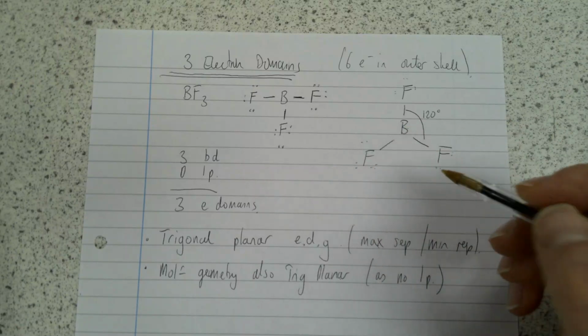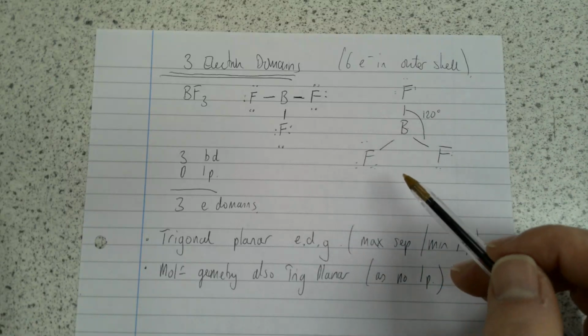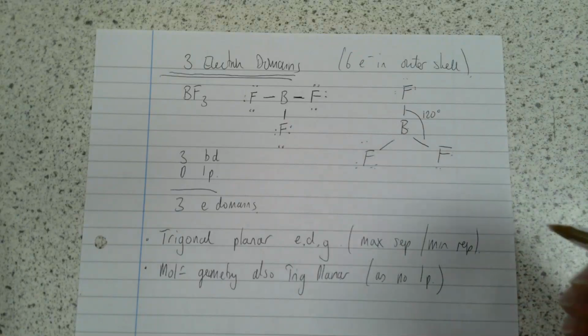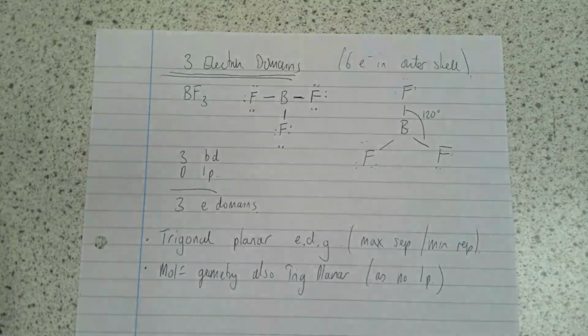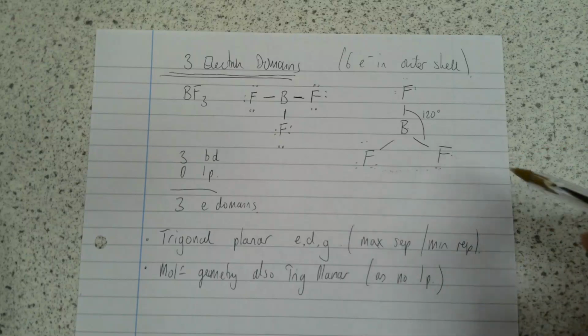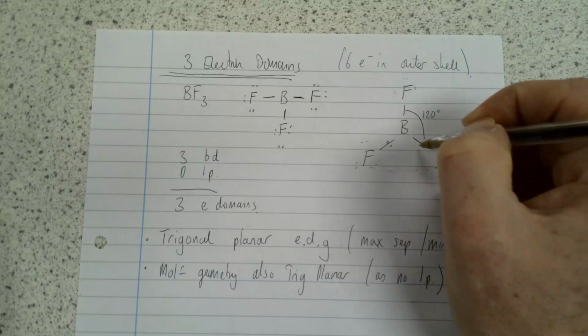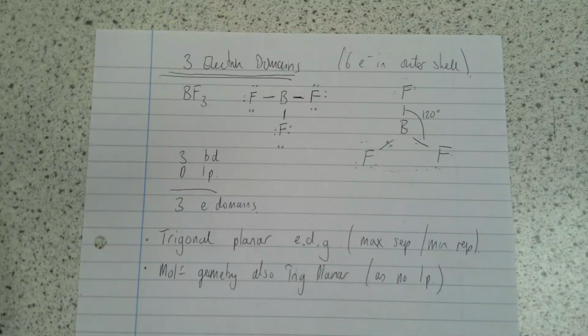And anyway, if they did, there will be some effect on them. And all that stuff is explored if you go beyond key stage 5, there are interactions across molecules, but the interaction between, say, this fluorine and this fluorine lone pairs will be minor compared to the effect of these bonding pairs down here, just because of the location, they can't get any closer to each other, right? So they're kind of pushing each other like that.